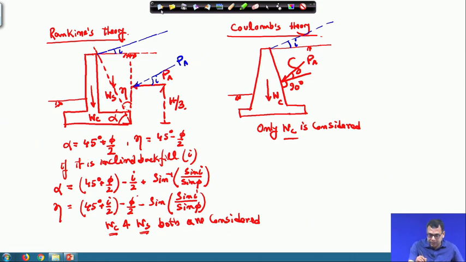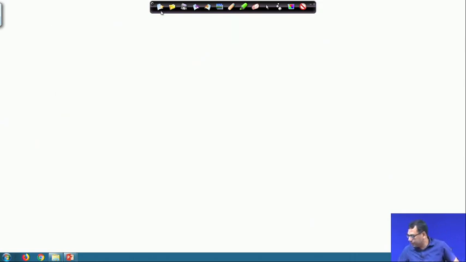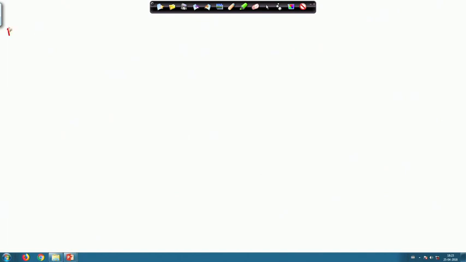And so, now I will solve one problem which is related to the gravity retaining wall, and then we will solve the problem for cantilever retaining wall also. So, first one we are taking an example problem. Okay.